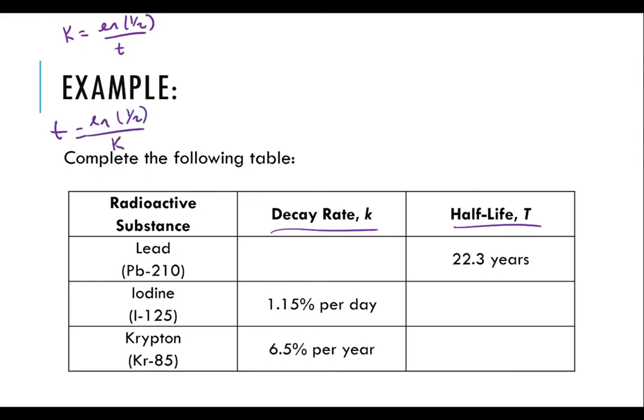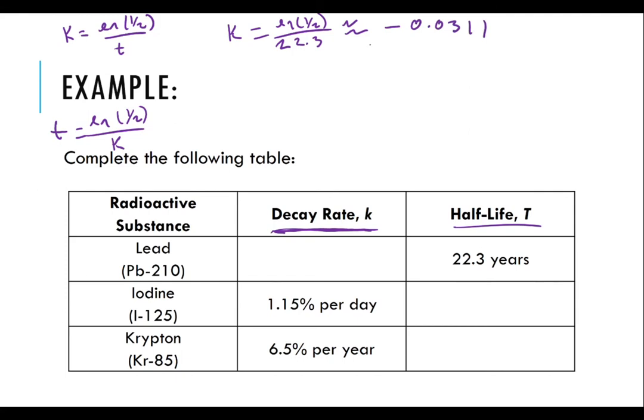And so we're told that the half-life of lead-210 is 22.3 years. And so then to find that k growth rate, k is going to be equal to the natural log of a half divided by 22.3 years, which is approximately negative 0.0311.